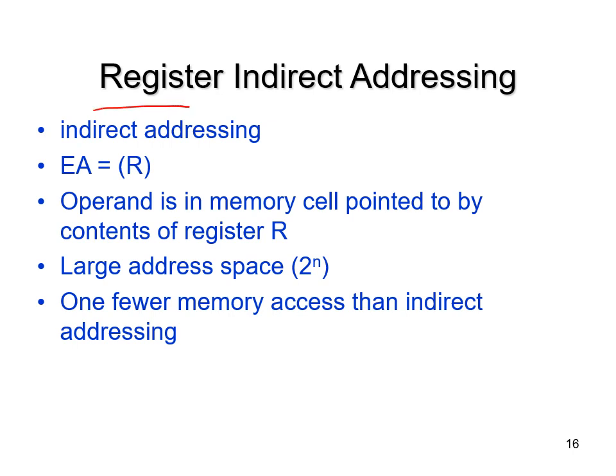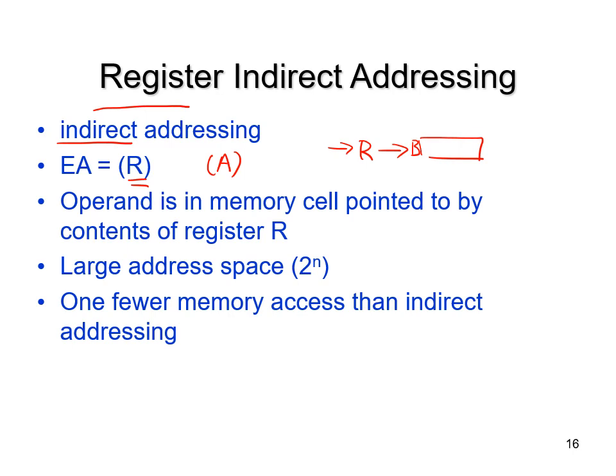It looks like indirect addressing, but this time instead of putting an address A here, we put a register address here, so that the processor will first look at the register and then look for the memory address.